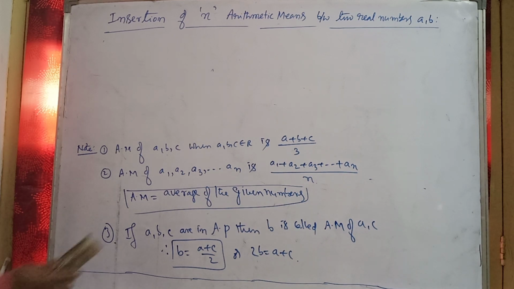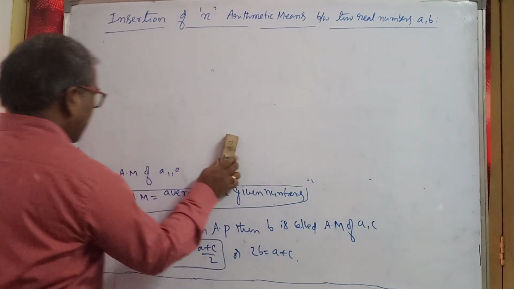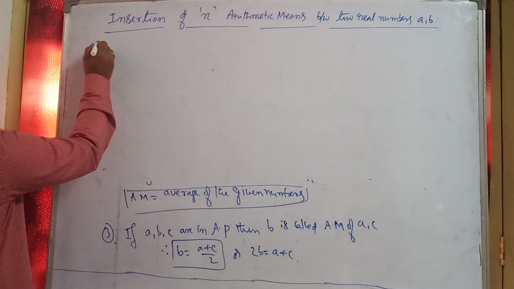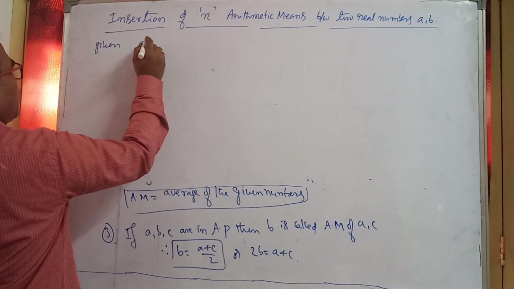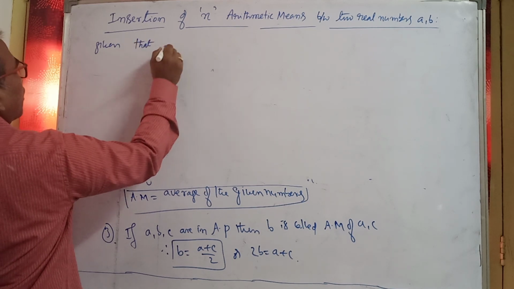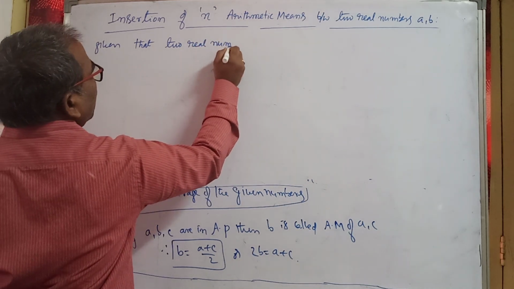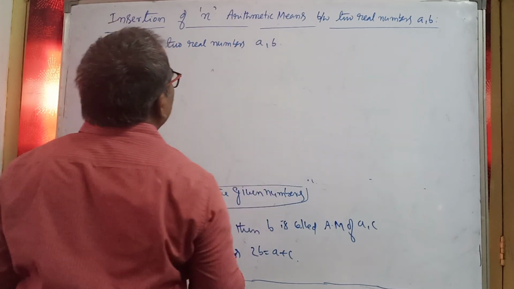Now, time is going on. First, see here. Given that a comma b are two real numbers. What is given? Two real numbers a comma b.